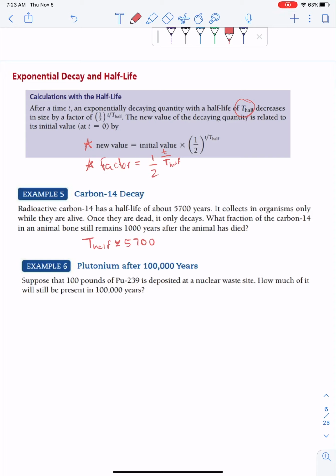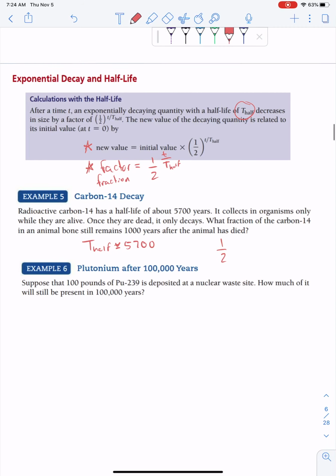It's kind of cool. What fraction of the carbon-14 in an animal bone still remains 1,000 years after the animal has died? Because we're decaying, this factor is also called a fraction of what we started with. Because we're not increasing, we're decreasing. So the fraction is 1/2 raised to the t, which is our years, so 1,000 years, divided by our T half, which was 5,700 years.